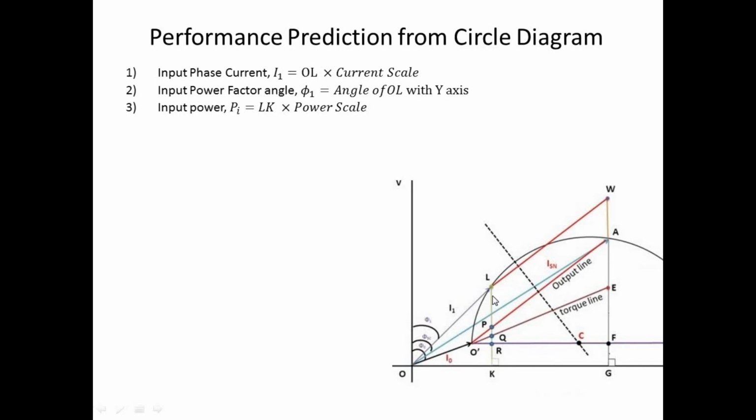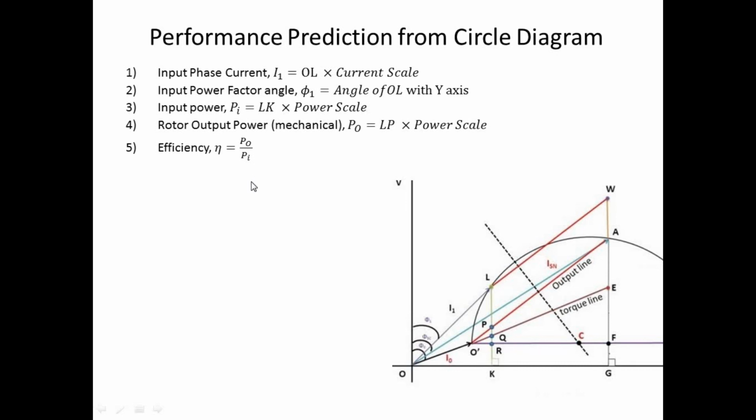Out of the input power LK, Kp is the loss. So the rotor output power will be Lp. So we can find the rotor output power, which is the mechanical power, P0 equal to length Lp into power scale. So if we are obtaining output power and input power, we can easily find the efficiency by eta equal to P0 by Pi.